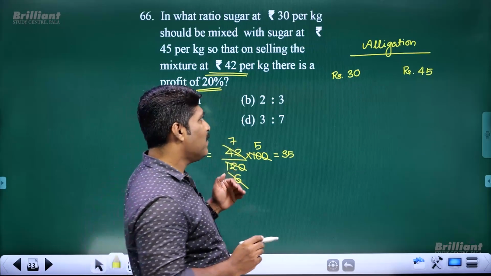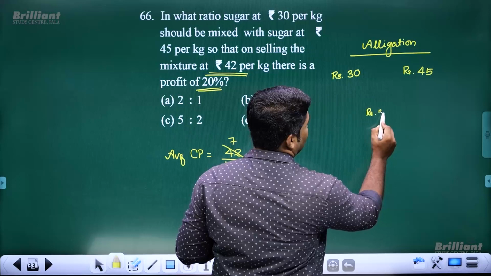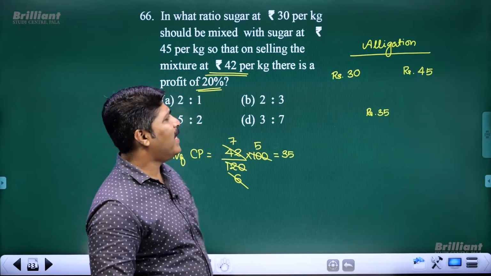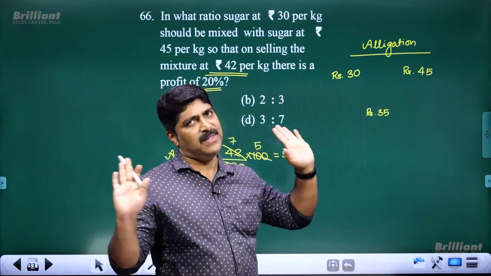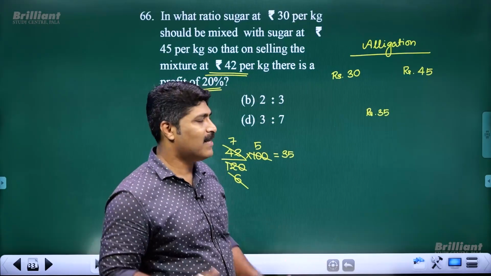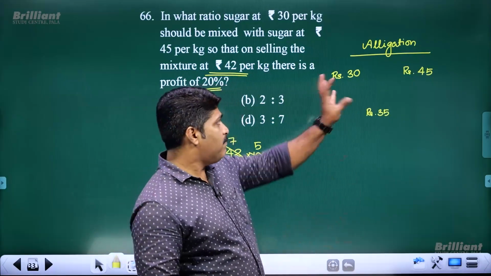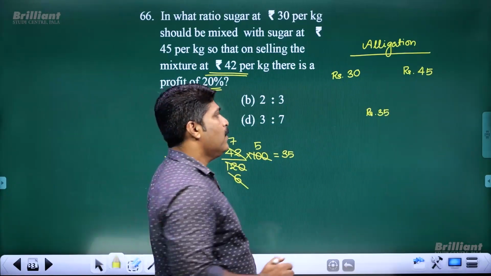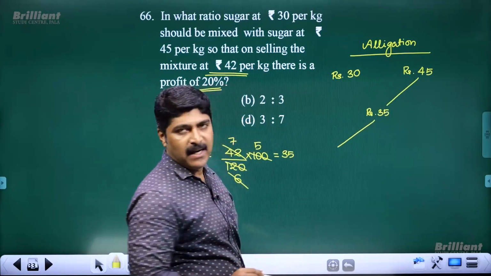So what is our next step? You have to write the average price in the middle. You don't need to write the rupees, you simply write 30, 45, 35. The same applies to percentages, you simply enter the values. Then you make a subtraction in a diagonal way.